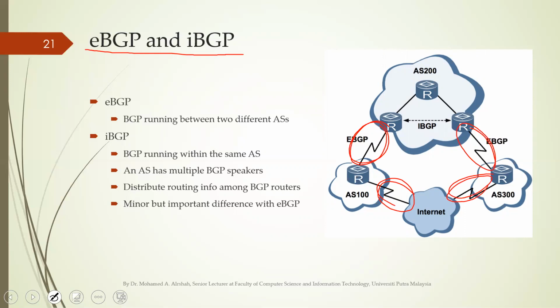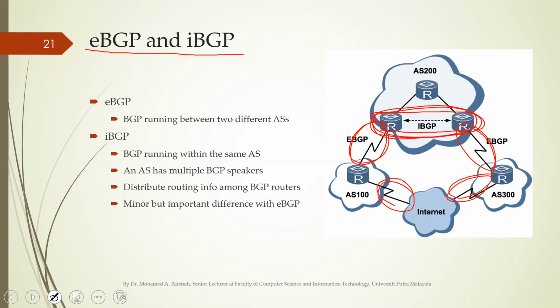The one used between two BGP speakers internally inside the same autonomous system is called iBGP. So eBGP runs between two different autonomous systems, and iBGP runs within the same autonomous system.